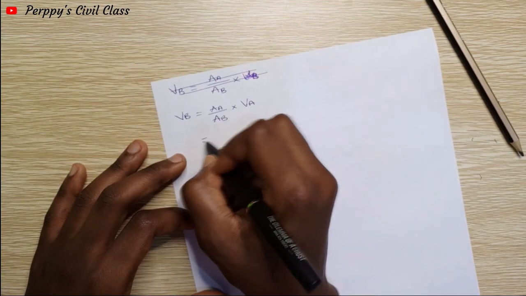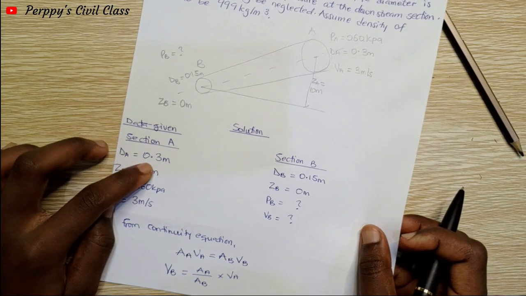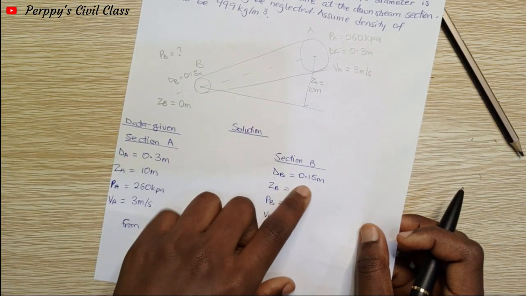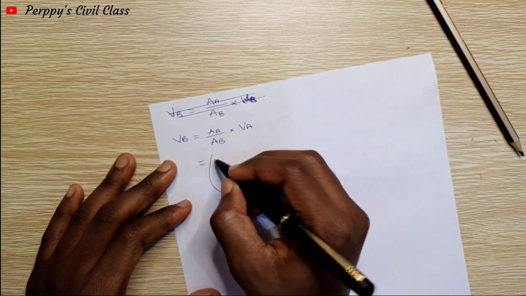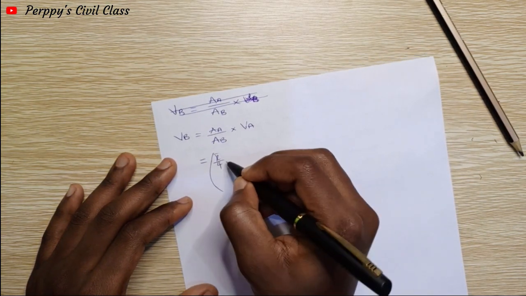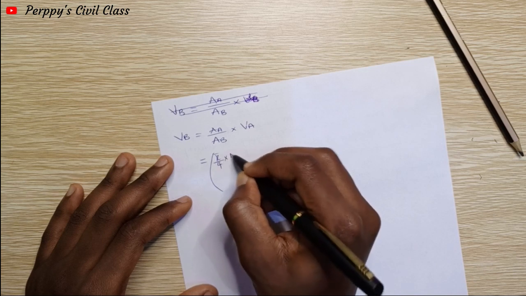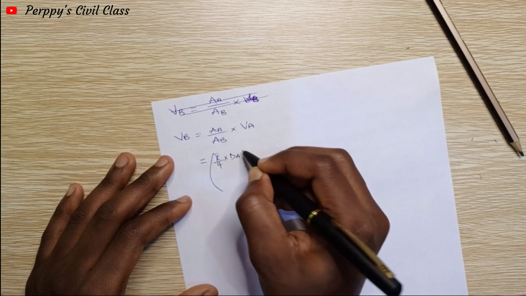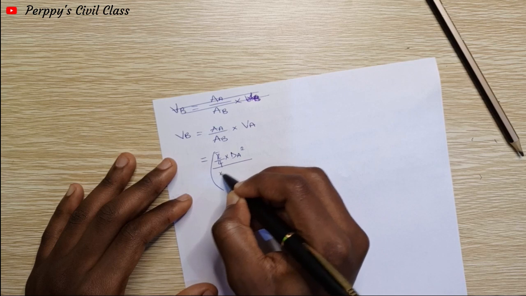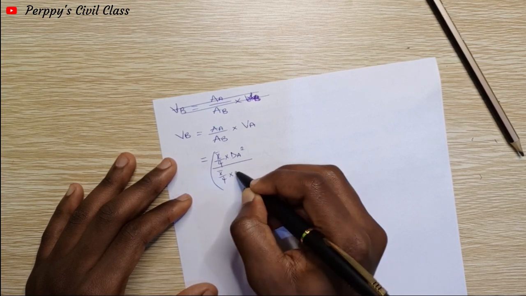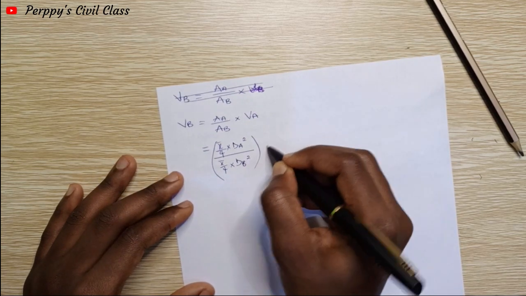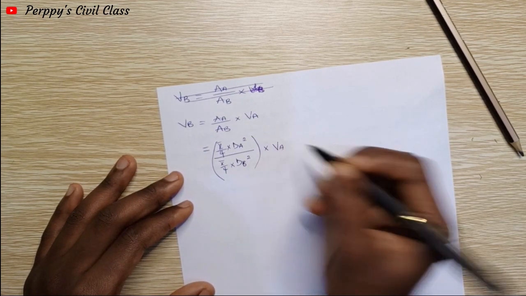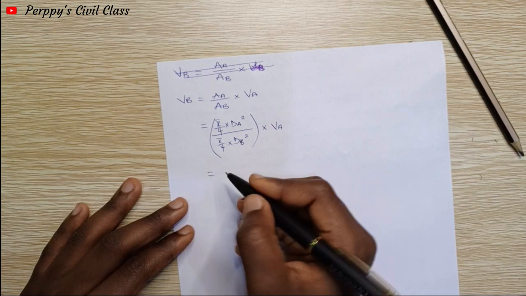Since we know the diameter at A is 0.3 and the diameter at B is 0.15, we have pi over 4 multiplied by diameter at A squared, over pi over 4 multiplied by diameter at B squared, multiplied by VA.